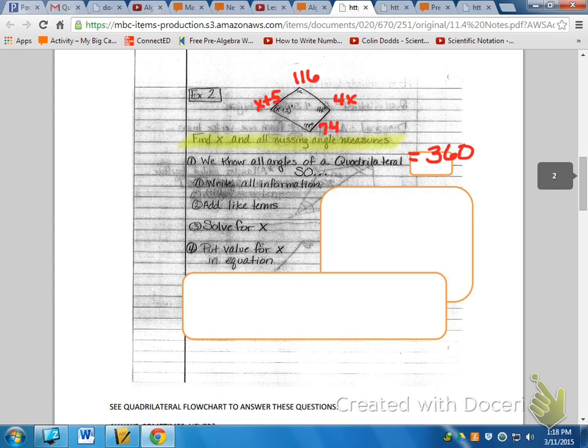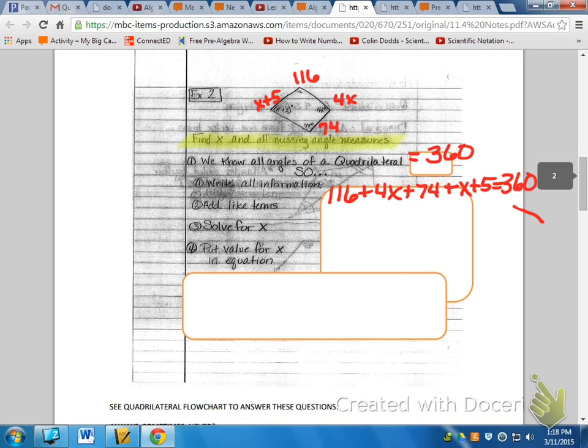So I'm going to start up at 116, the top, plus 4x plus 74 plus x plus 5 equals 360.